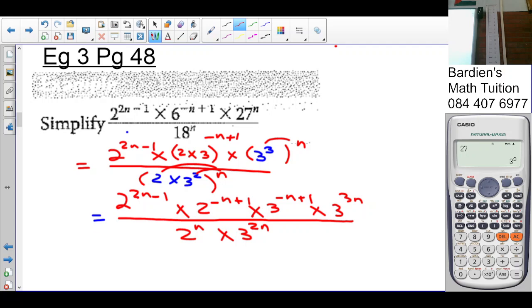So what do we do now? When we're multiplying and bases are the same, add the exponents. When we divide, we subtract. So you see this base here? Okay, I highlight. You see there's a base of 2, base of 2, base of 2.